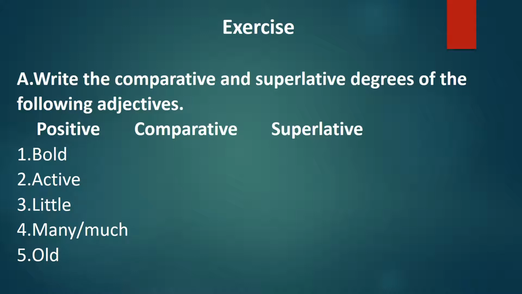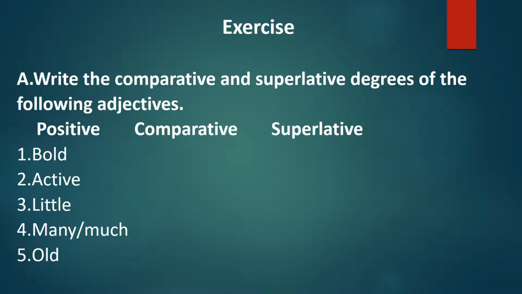You have to write the comparative adjective and the superlative adjective. It means in the comparative degree, you have to write a higher degree of quality than the positive. And in the superlative degree, you have to write the highest degree of quality, which is used when we compare more than two persons or things.